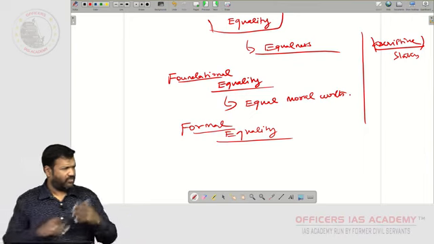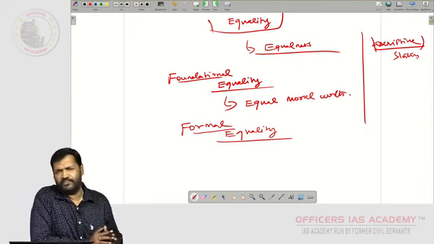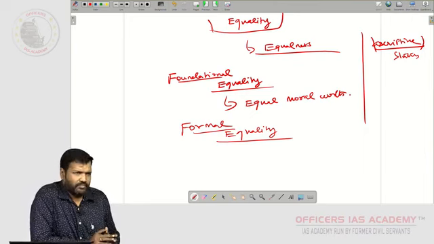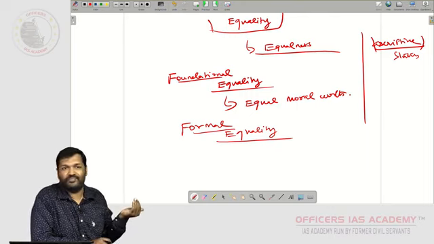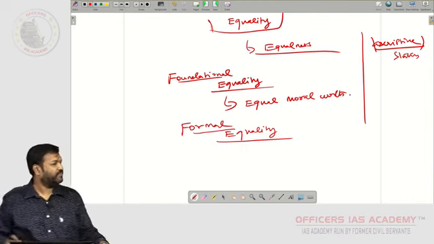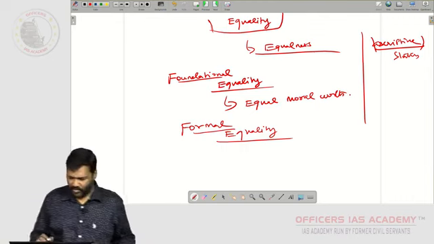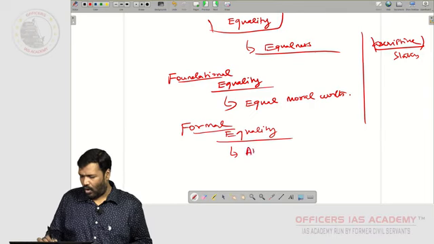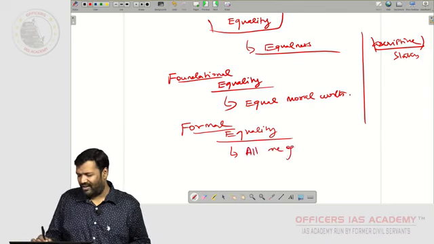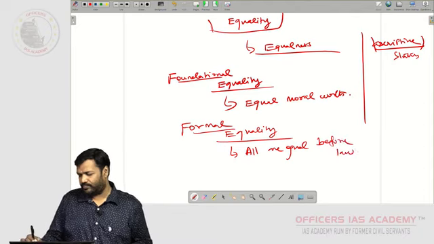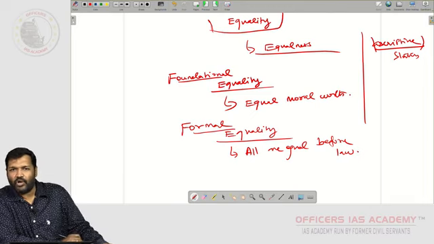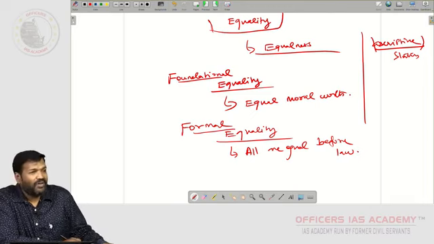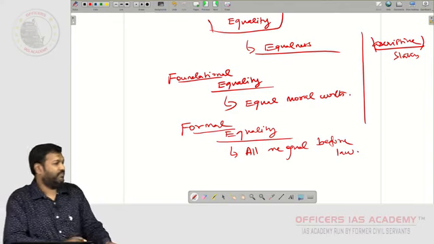Form means always legality. Legally, before law, in the eyes of law, all are equal. All are equal before law. The concept of formal equality started to come.